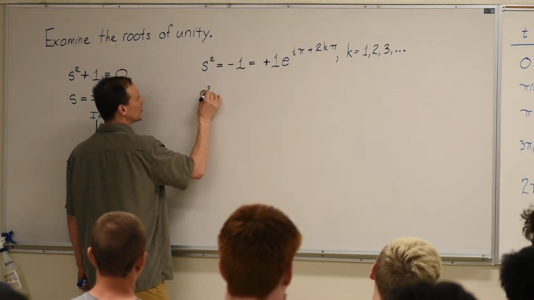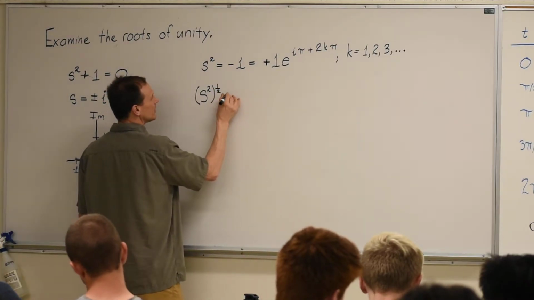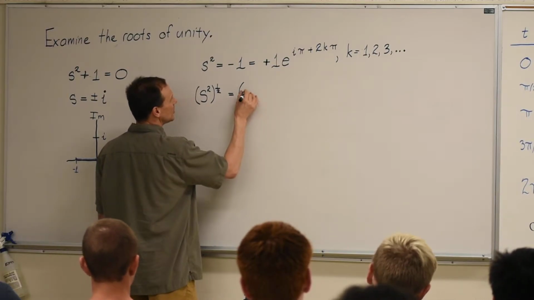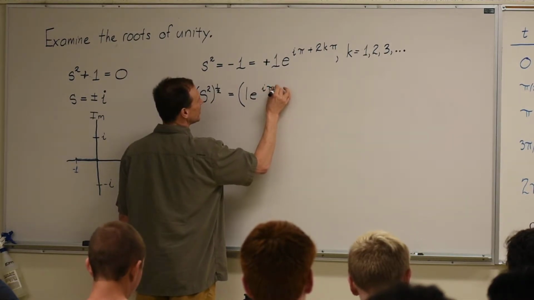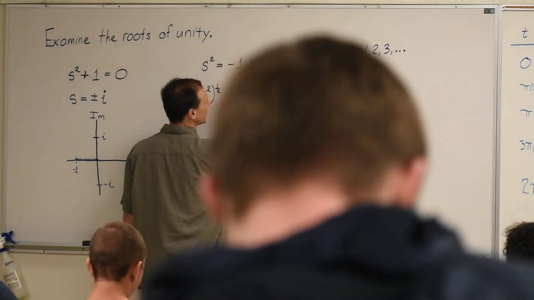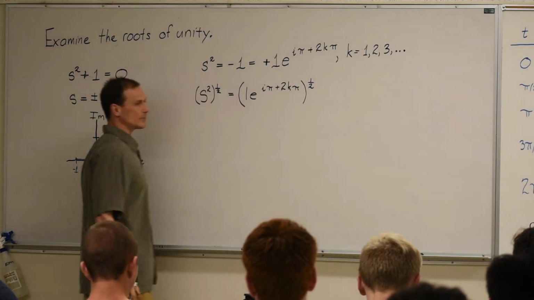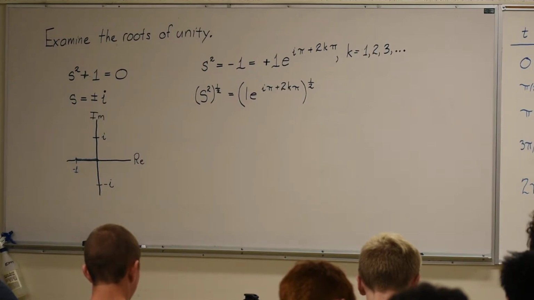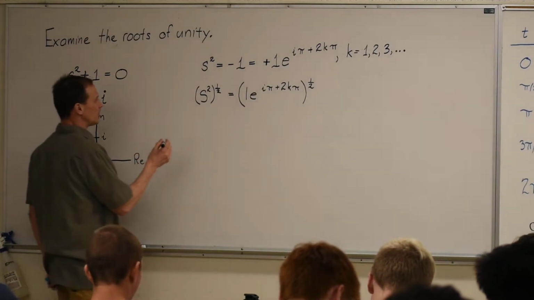So s squared, raised to the 1/2, is equal to, on the right hand side, 1e^(iπ + 2kπ), raised to the 1/2. Okay, so here's what we get.